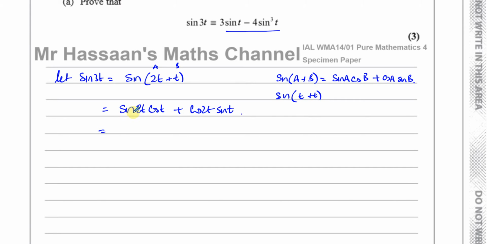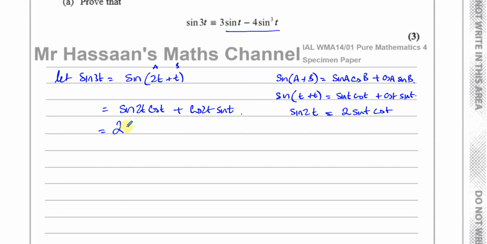That's the same as sine 2t, right? That's going to give me sine t times cosine t plus cosine t times sine t, and these two are the same thing. So that's 2 times sine t cosine t. So this is the double angle formula. So sine 2t is the same as 2 sine t cosine t.